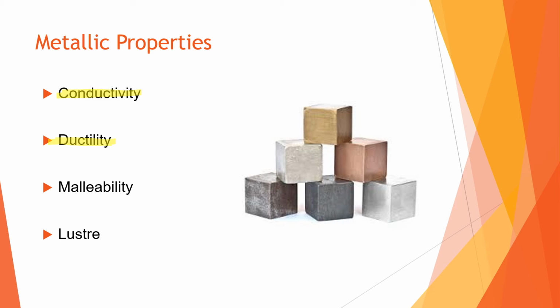They're very ductile, the ability to be drawn into long, thin wires, like copper. Metals are malleable, so they can be molded or flattened or bent, and luster. Metals tend to be shiny in luster, so they have the ability to reflect light.